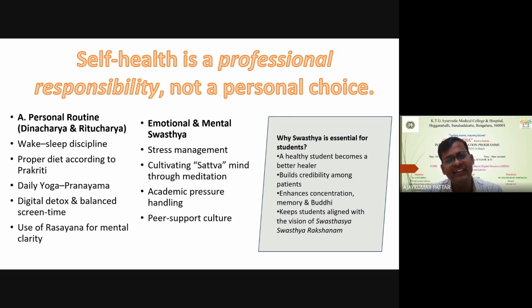Then emotional and mental health. How can you maintain your mental status? Stress management, cultivating sattva guna pradhana through meditation, academic pressure handling, and peer support culture. As you have entered the BAMS profession, there are many kinds of examinations related to curriculum, lectures, and practicals. You may not know exactly. Sometimes you may feel academic stress, but you have to practice meditation and help your peers to overcome this.